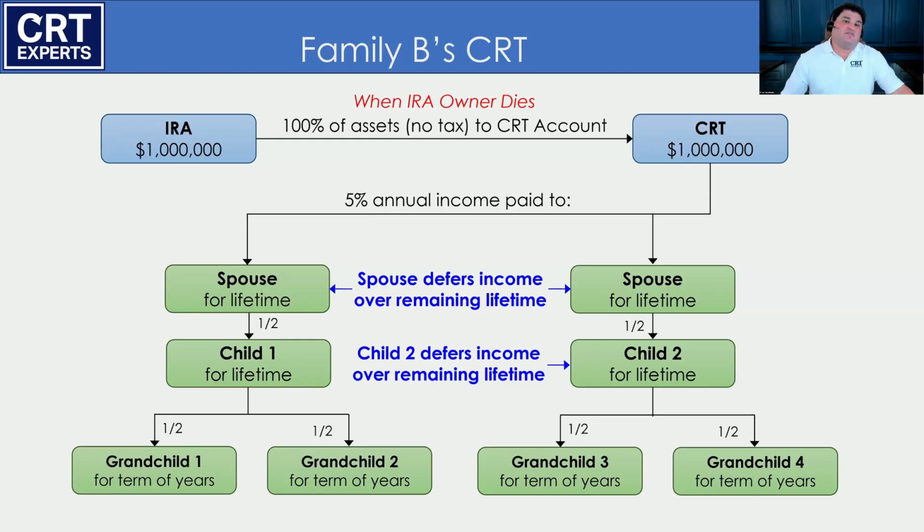And if it's anticipated that one child would want to defer, that is going to create significantly more income for those grandchildren down the line. So there are a lot of different ways we can take the design, in terms of not only the design of the CRT itself, but how many CRTs we're using to accomplish the objectives.